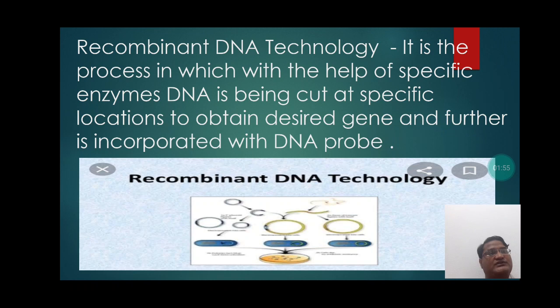Recombinant DNA technology is a process in which, with the help of specific enzymes, DNA is being cut at specific locations to obtain the desired gene and further is incorporated with the DNA probe.